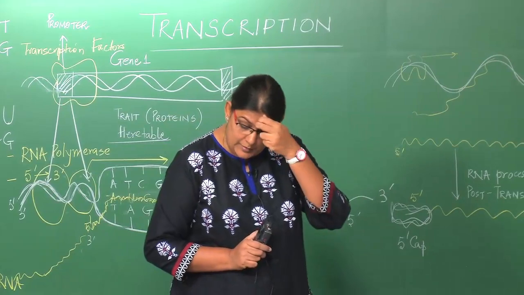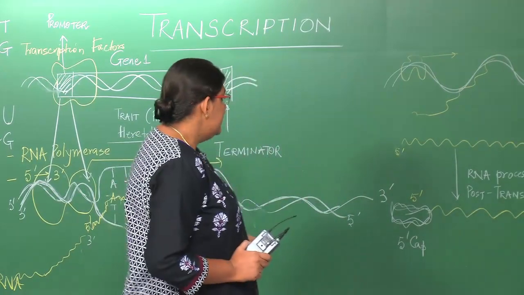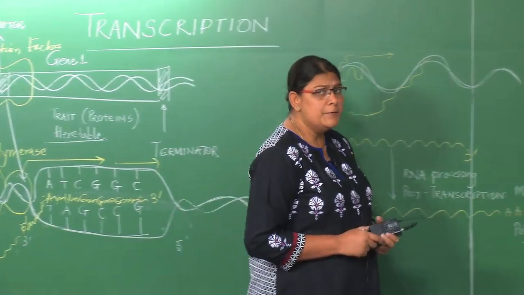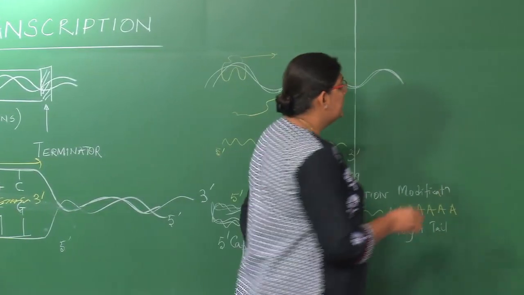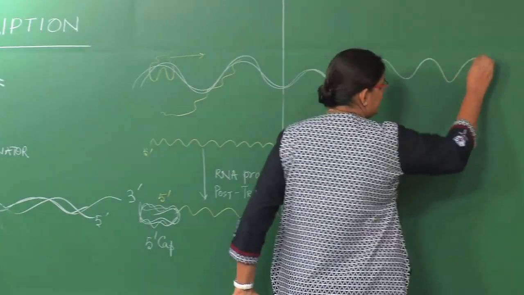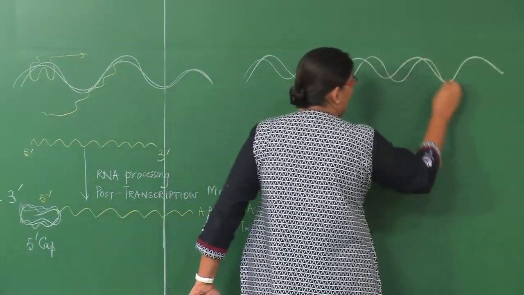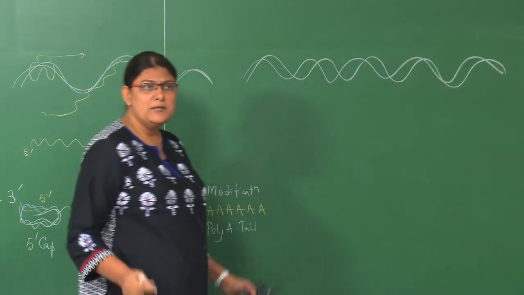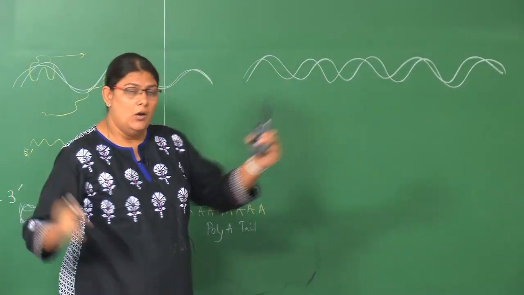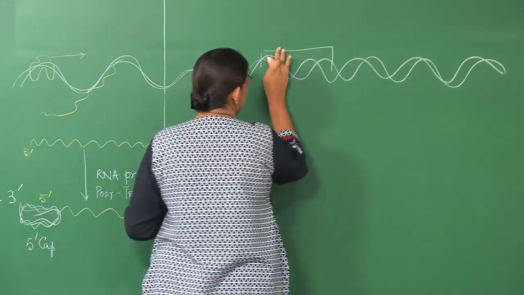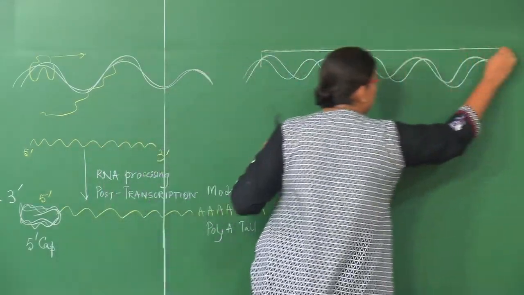But I want to cover 2 other important things. In case of eukaryotes, what we observe is that the gene which is coding for a particular character is not in continuity. The gene will have certain segments. So, let us say this whole thing is one gene.